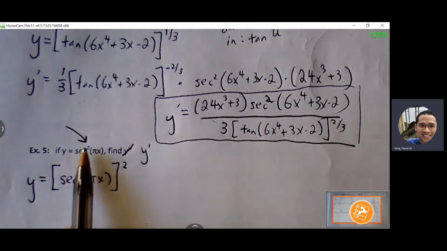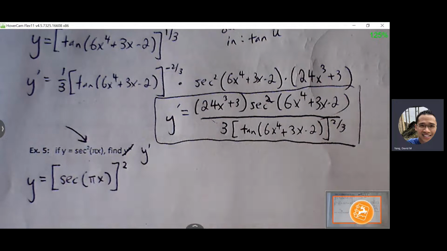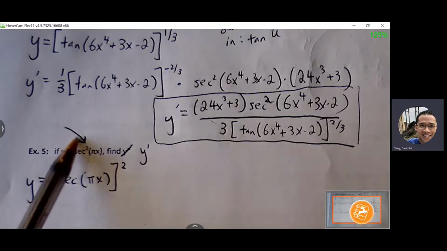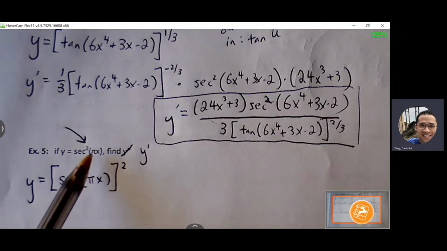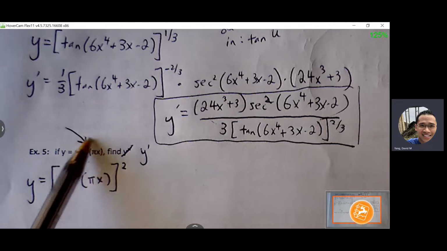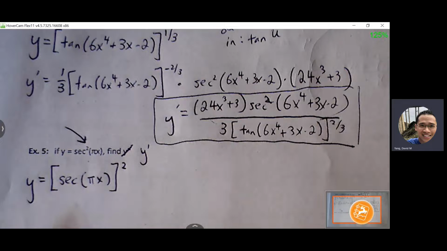If you leave it in this form, it doesn't mean that I won't take off any points if you don't rewrite it, but the tendency is the students who make mistakes with chain rule typically are the ones who don't have this rewritten, because it's harder to see that outside inside portion and the need for chain rule if you don't rewrite it.